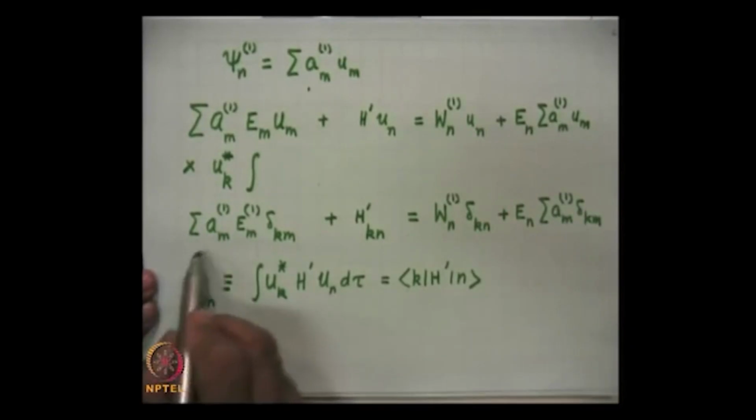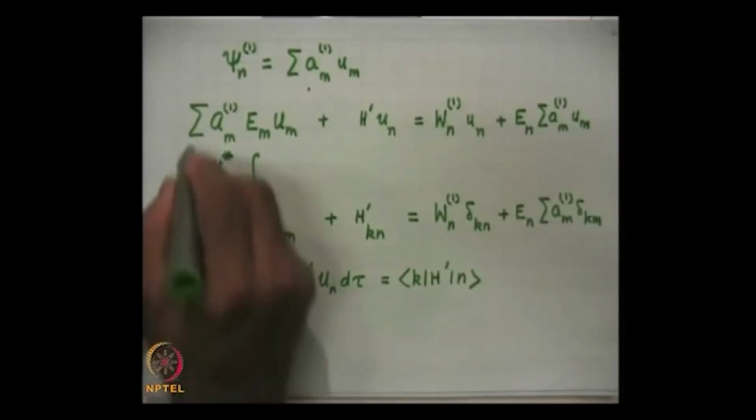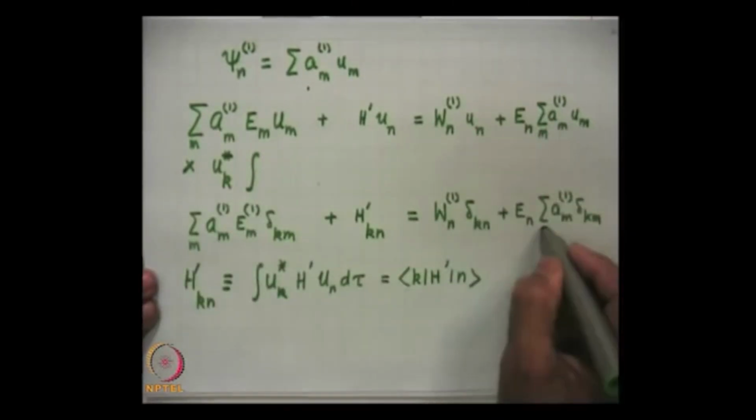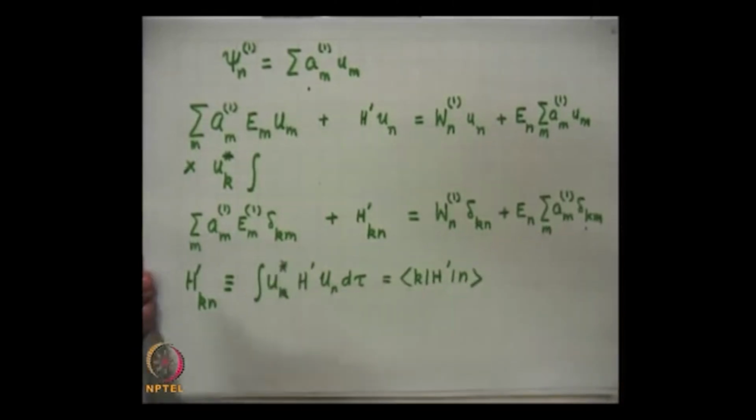In this series the summation is over m, where m is the dummy variable, and only the m equal to k term survives.